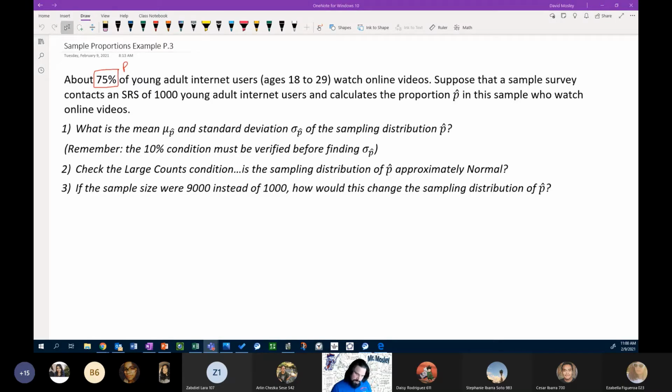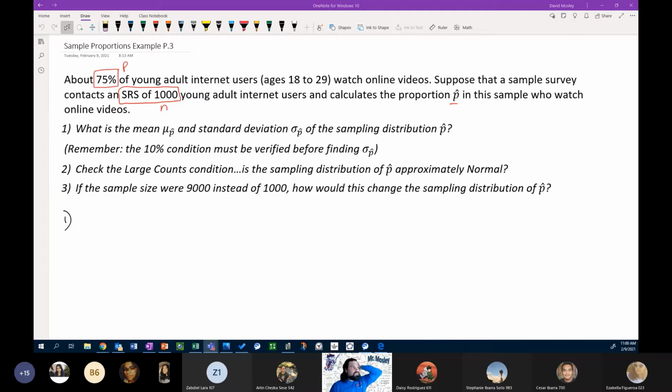We're going to suppose that a sample survey contacts an SRS of 1,000 young adults. 1,000 is the value of n. Those are the only values we're given. p hat is the sample proportion.